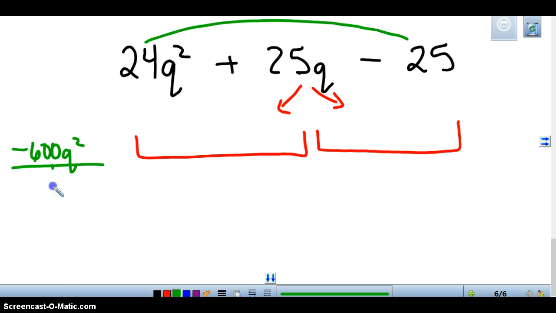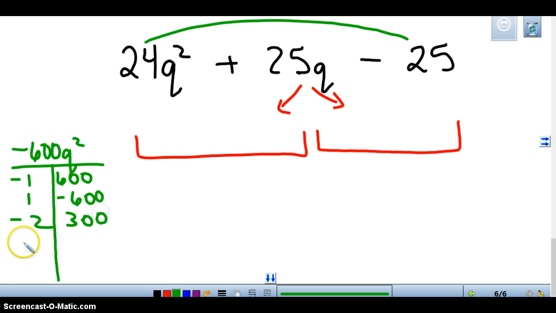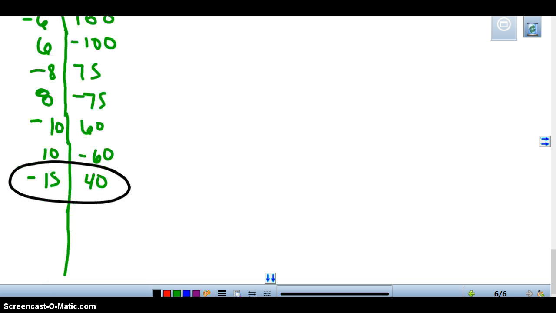We start listing the factors. -1 and 600, or 1 and -600. -2 and 300, or 2 and -300. And this continues, right? So the factors of -600q squared that have a sum of 25q is -15q and 40q.